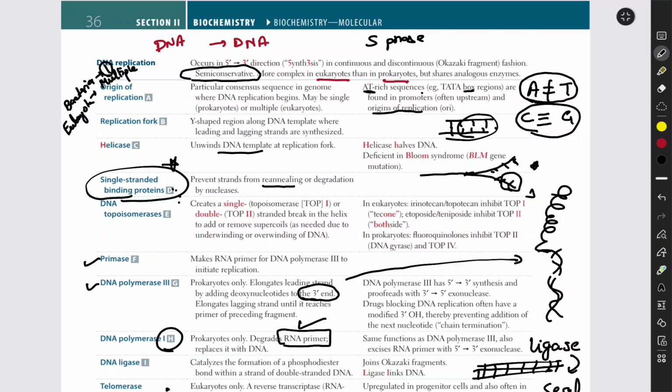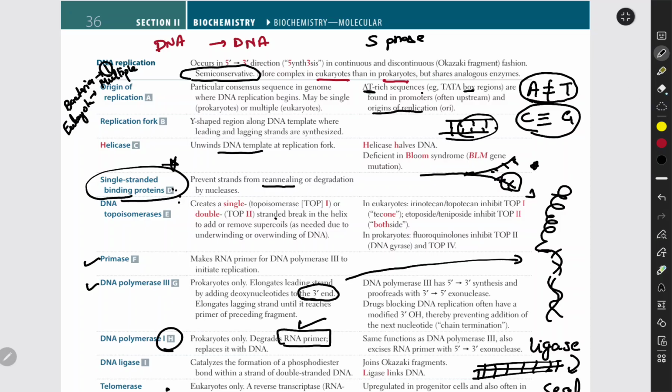Then there is helicase, which unwinds the DNA, and there are single-stranded binding proteins that prevent the strand from reconnecting together. Then we have the DNA topoisomerases, which create a single or double-stranded break in the helix to add or remove supercoils as needed. And you need to know that sometimes you need to inhibit these enzymes, DNA topoisomerases.